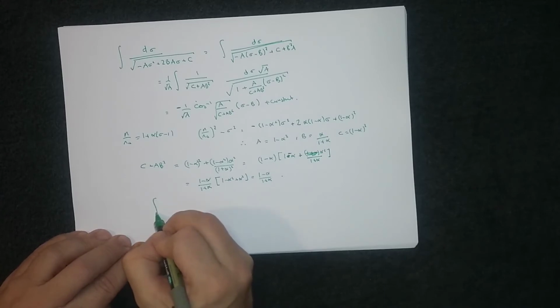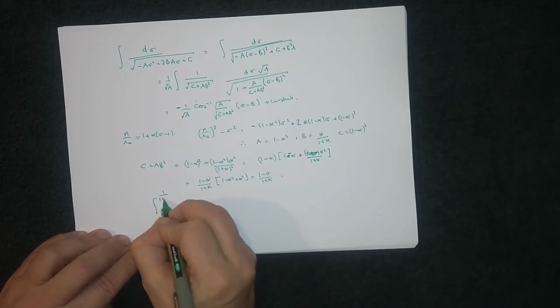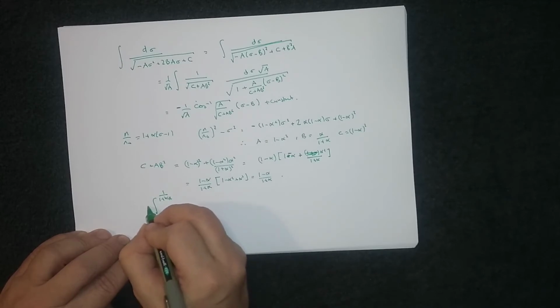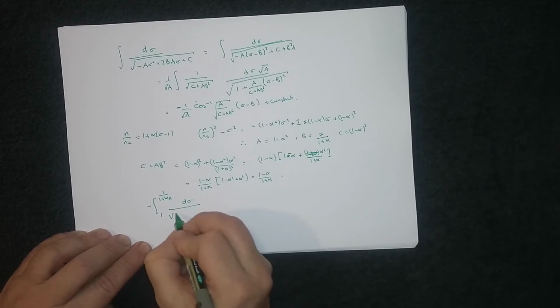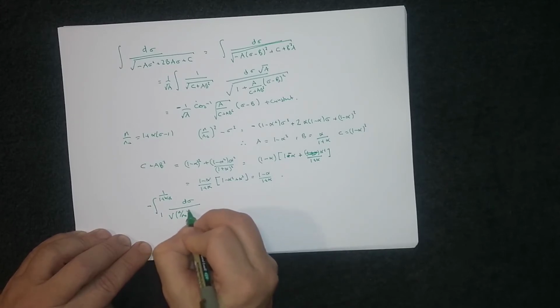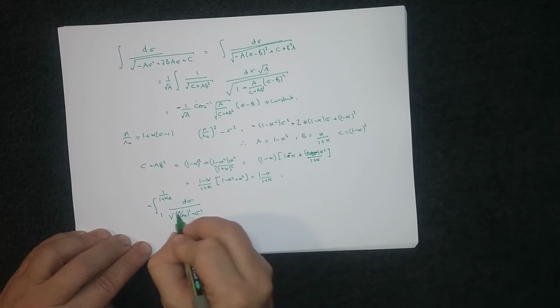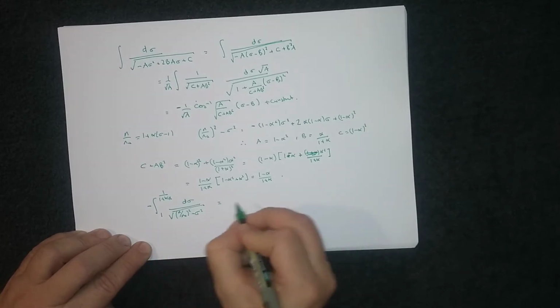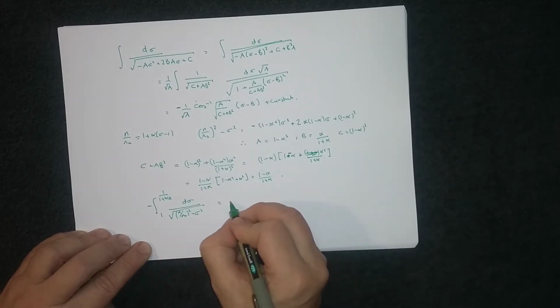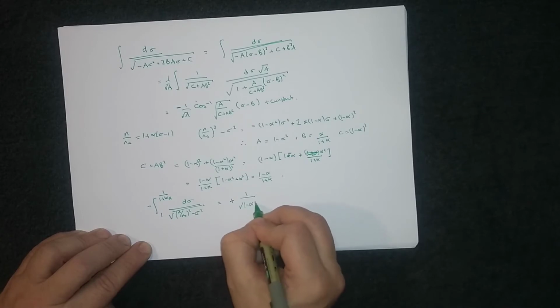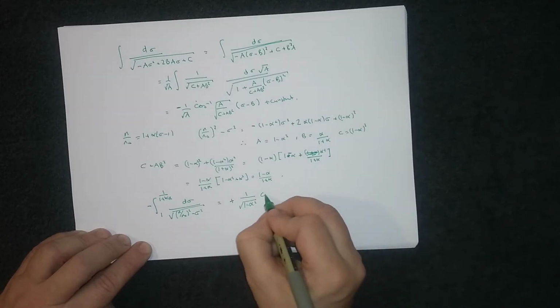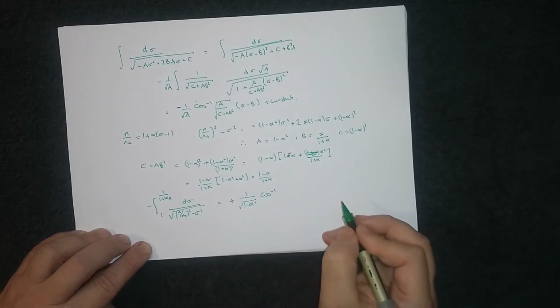So the integral from 1 to 1 plus h over r of d sigma over root n over n naught squared minus sigma squared is equal to plus 1 over root 1 minus alpha squared cosh, it's minus 1.